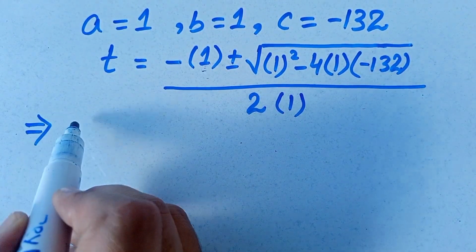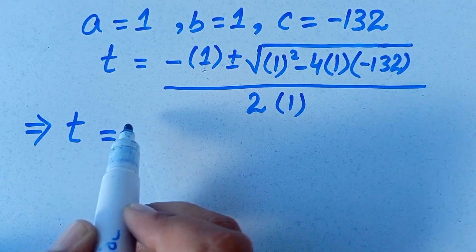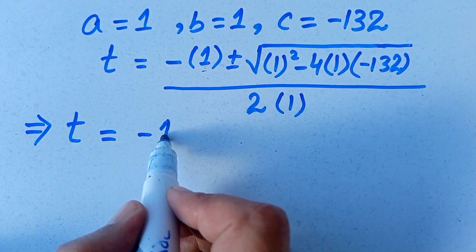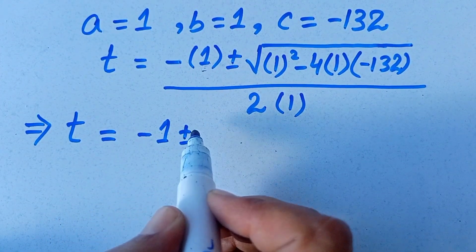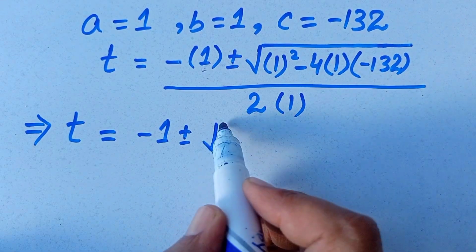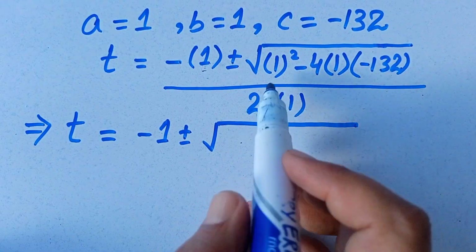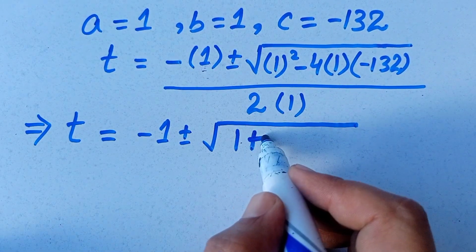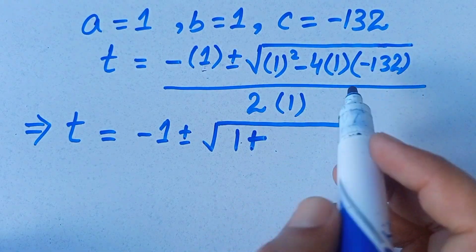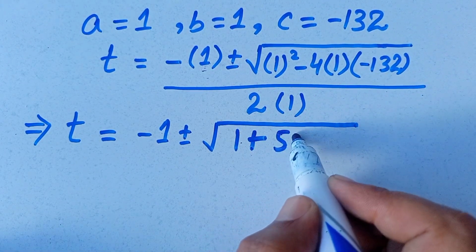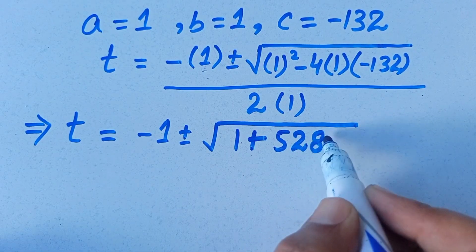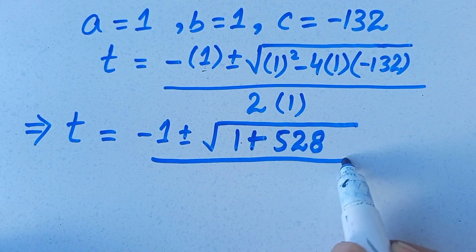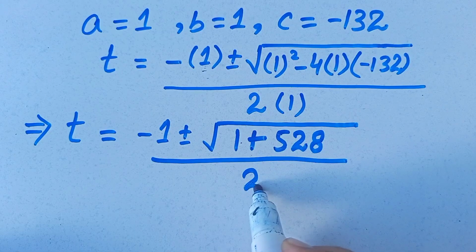Now further simplifying, we can write t equals negative 1 plus or minus the square root of 1 squared, which is 1, and negative times negative gives plus, multiplying 132 by 4 gives 528, divided by 2 times 1, which is 2.